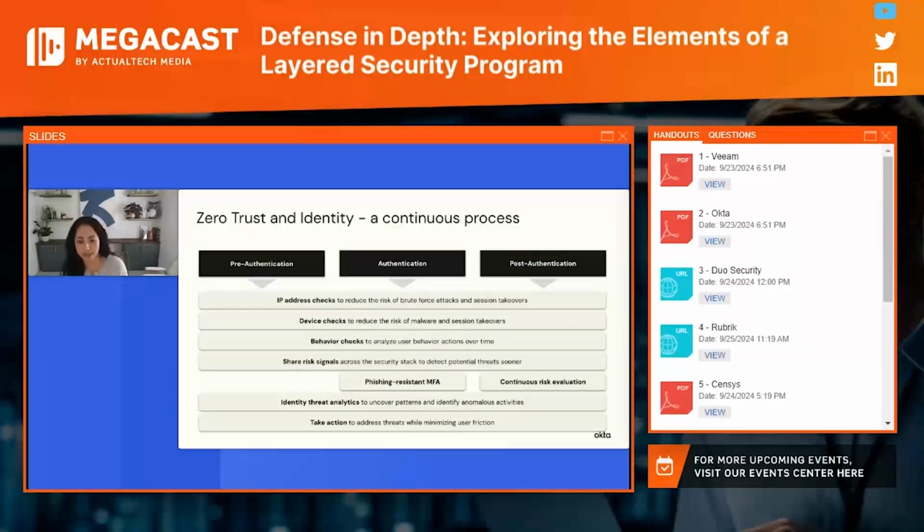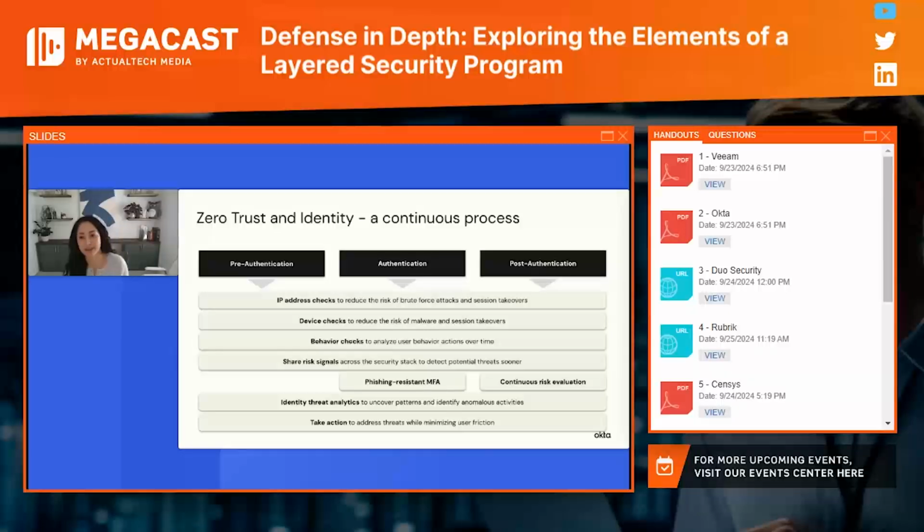So a couple of examples, if I'm logging in at the same time every day from the same IP address and device, and my EDR software doesn't detect any malware, or my MDM reports that the device has a lock screen, I can then be directed towards a more streamlined login experience.